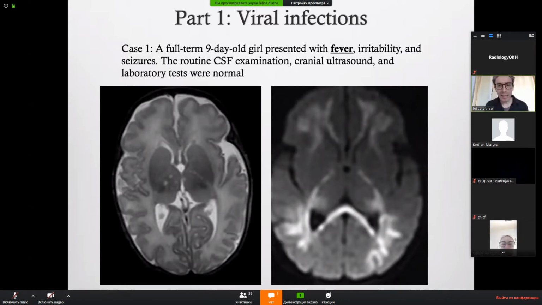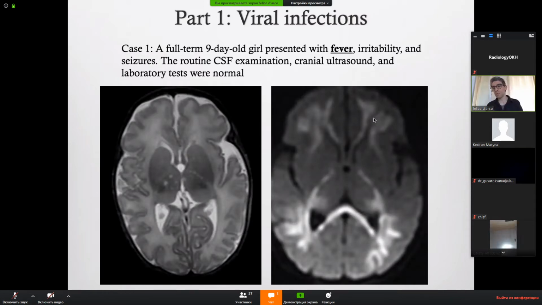Okay. Now, the problem is that, as you probably know, and I will show you a lot of cases in a bit, the viruses can have a predilection for the gray matter. Well, not all of them. There are some viruses that have predilection for the white matter, and they typically show these large areas of white matter abnormalities with diffusion restriction.